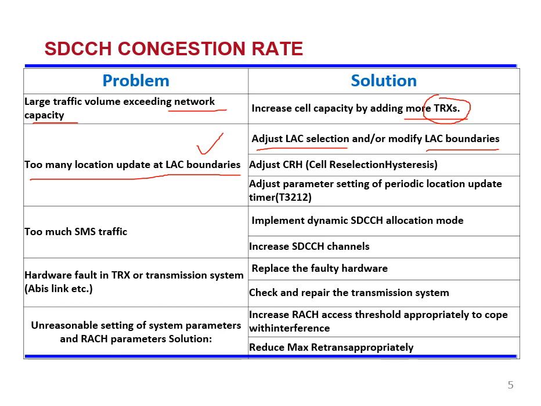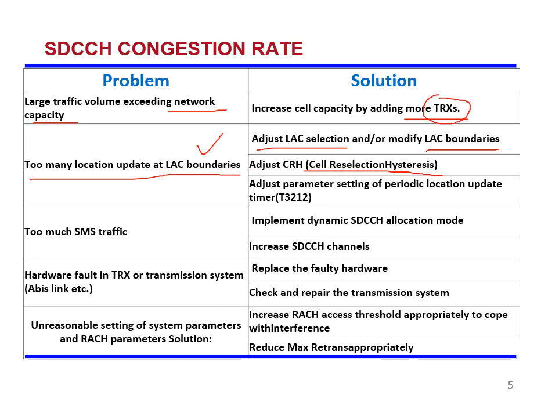To reduce the burden, to reduce the load on the available resources, you have to adjust the boundaries. And another thing you can do is adjust the cell reselection hysteresis. Cell reselection hysteresis means what is the gap, how many dB CRH should be there.